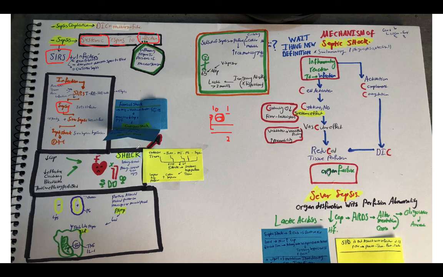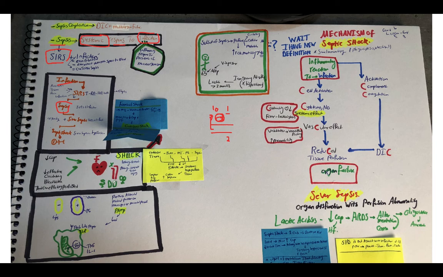Now, I'm entering another definition, which is shock. Remember, shock is not sepsis. Shock can result from extensive trauma, burns, blood loss, pulmonary emboli, sepsis, any severe condition. Now, what do I mean by shock? Shock is systemic hypoperfusion to the tissue.